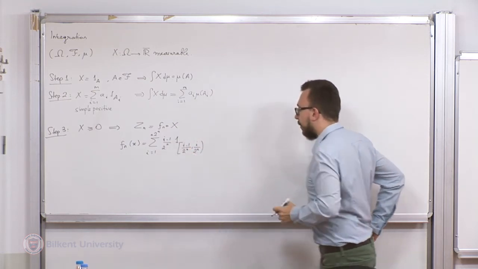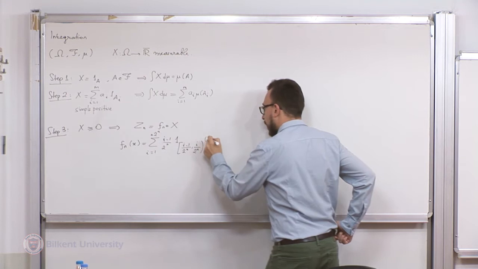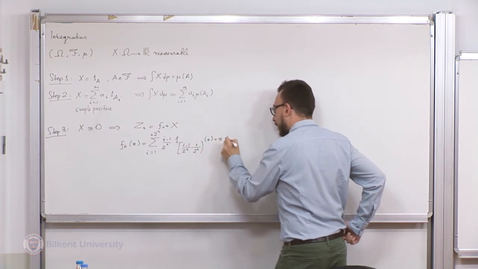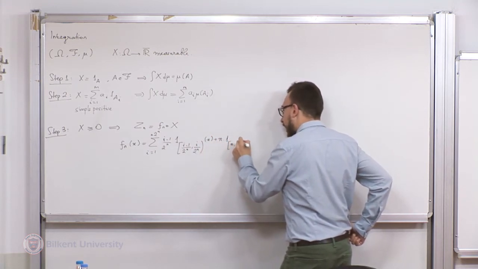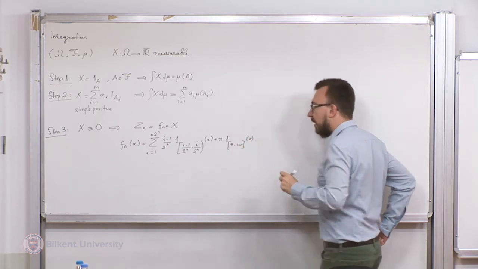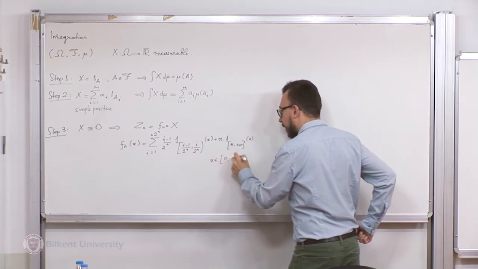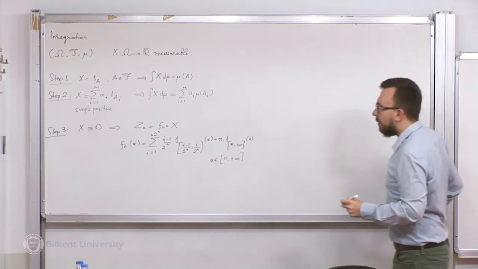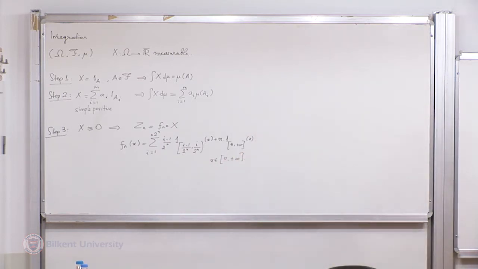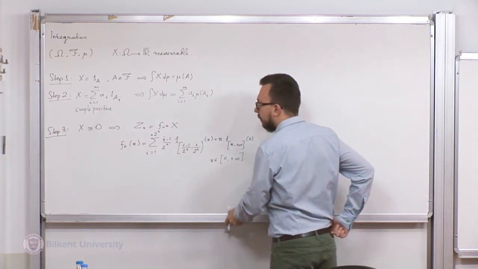So it's a lower approximation of the function, and it forgets what is happening after the value n. This was defined for all x between 0 and plus infinity. If you apply this deterministic function to x, you get something that is a simple positive function and that is below x.